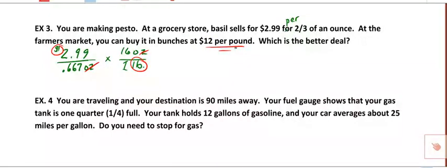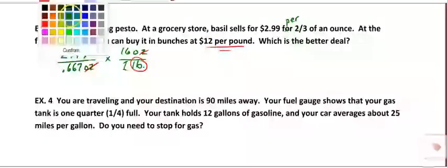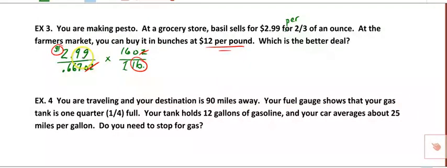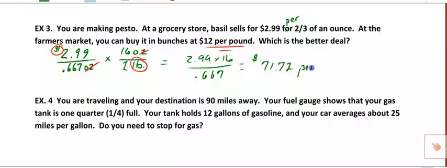All right, so let's do a little math here. $2.99 times 16, so there's my numerator, 2.99 times 16, and then that result's going to be divided by 0.667. Doing that arithmetic, I get 71.72, and that's dollars per pound, because those are my units left over.